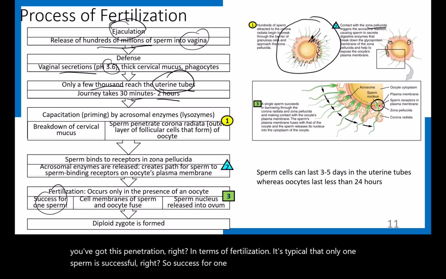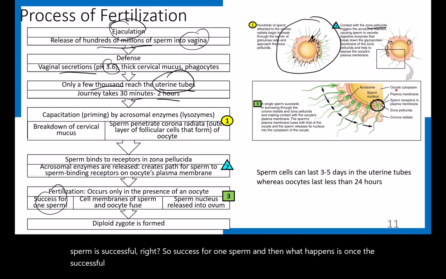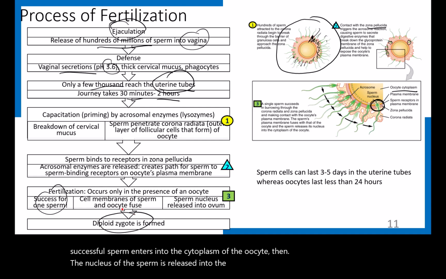Once the successful sperm enters into the cytoplasm of the oocyte, the nucleus of the sperm is released into the oocyte, and then a diploid zygote is formed.